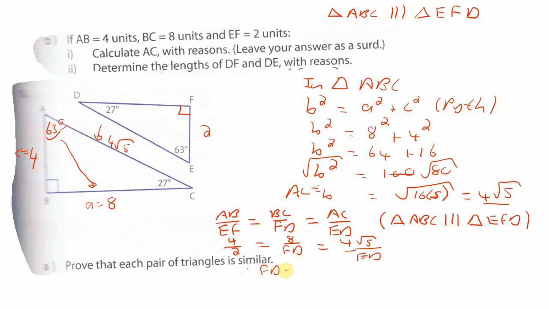So we know FD equals 4. And similarly, we know that ED must be half the size of AC. So we have 4 square root 5 divided by 2, which is equal to 2 square root 5.